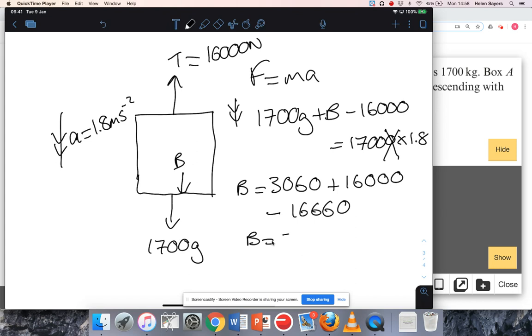Right, sorry, just messing around with my calculator. So that force due to B is 2,400 newtons, and that's the force that B is exerting on the lift.